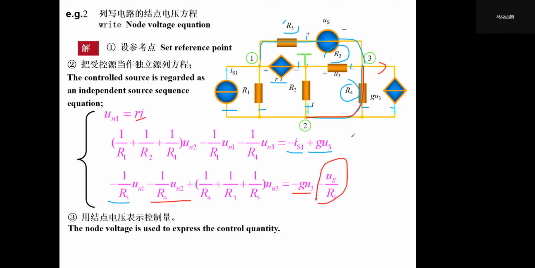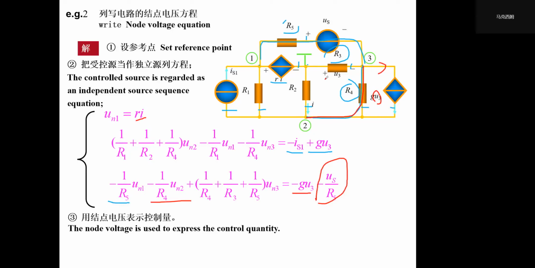But this time we still don't know the value of I, so we have to find the value of I, and we also have to find the value of U3, right? We know that U3 is the difference between U2 and U3, so U3 minus U2 is U. That is not correct, right?